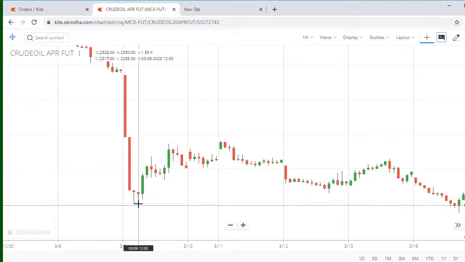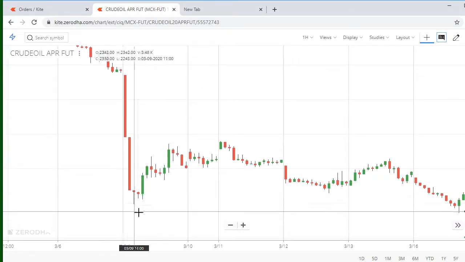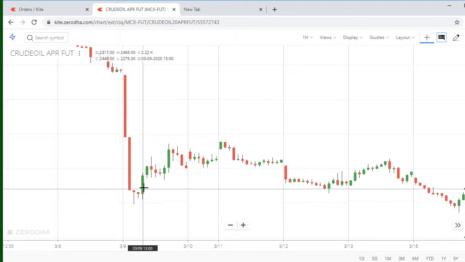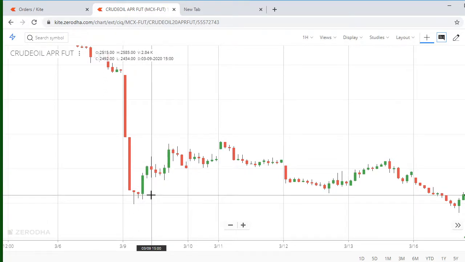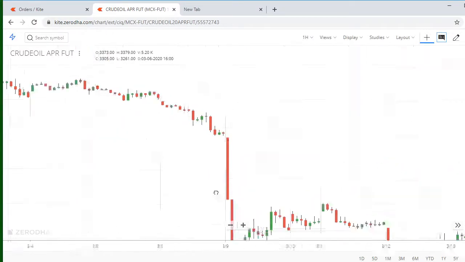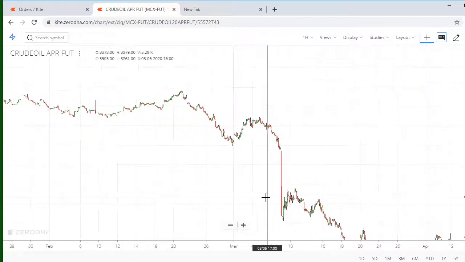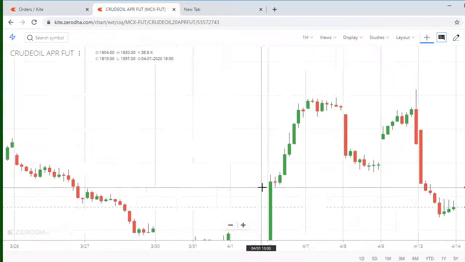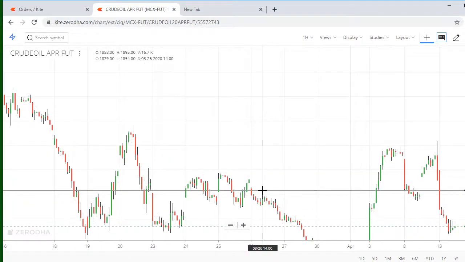There is a downtrend, and there you can find the reversal. You can take an entry and look at this drop low. Happily you could gain 2300 to 2600, 300 points in two is a very good amount, right? So this is basically about candlesticks and how to understand the emotion behind the candlesticks.